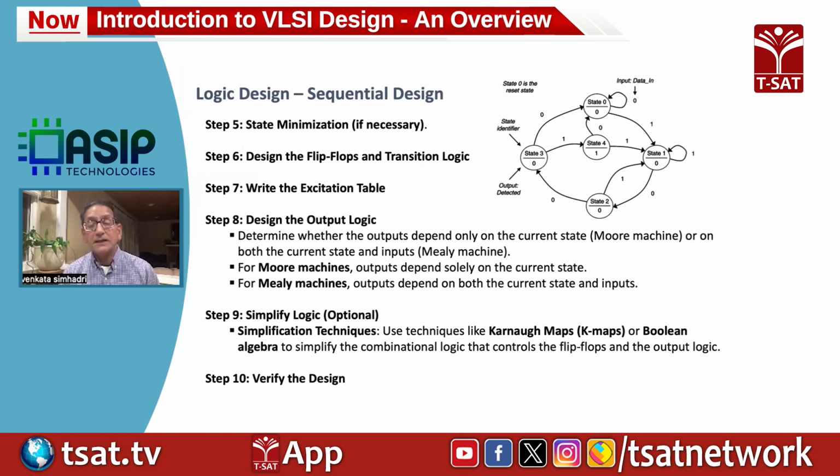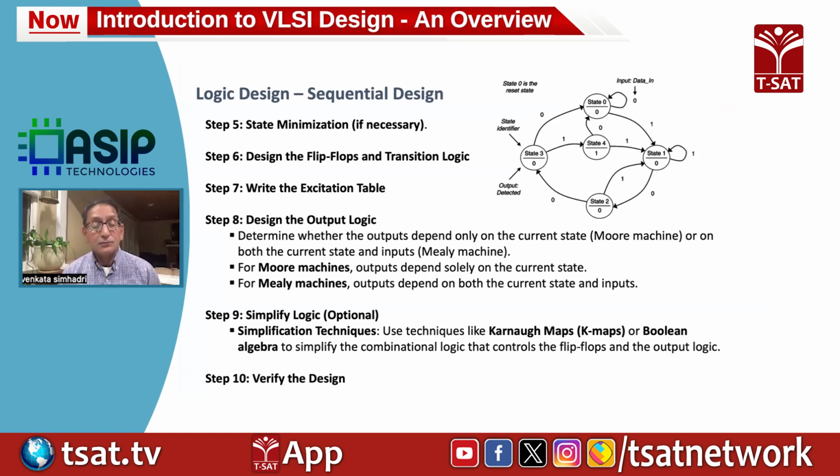And then next step, you design the flip-flops that go into the design, and you write the excitation table, and you design the output logic. And output logic is again combinational logic, and we've seen earlier how it is done.